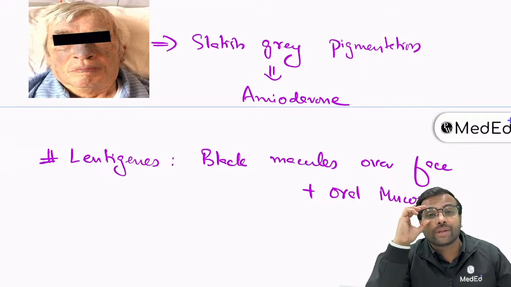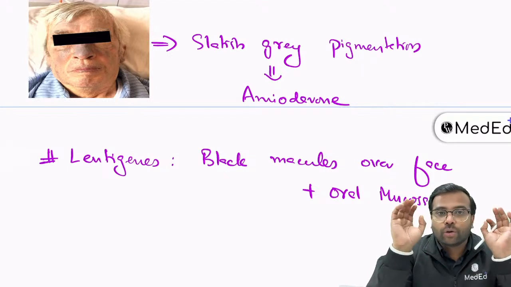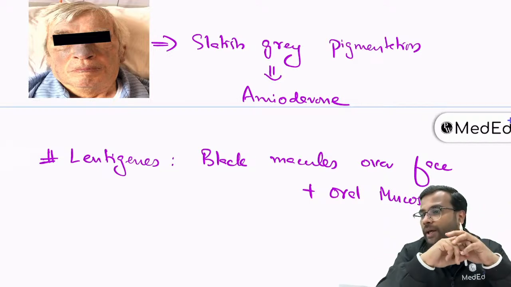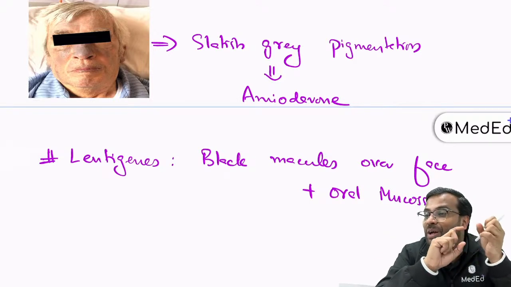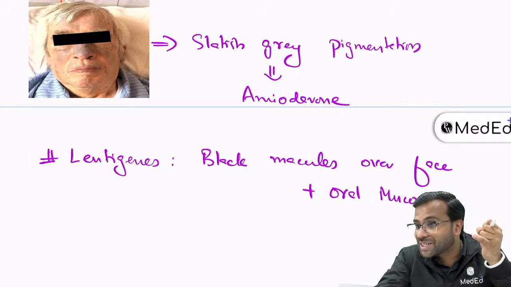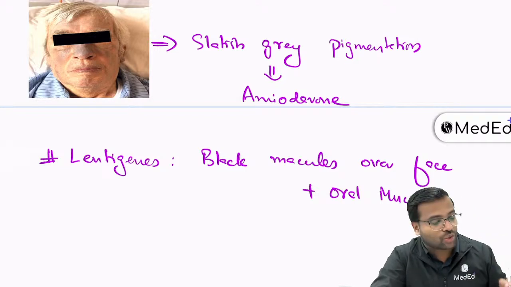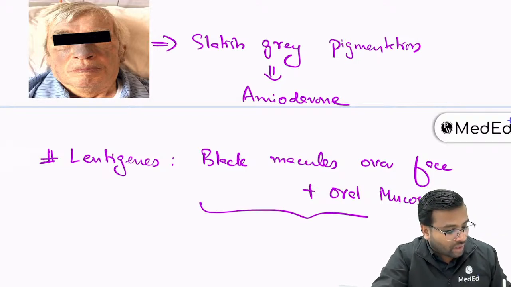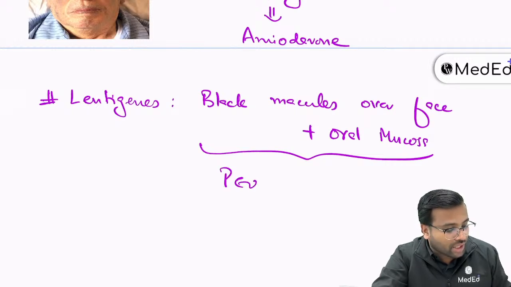Along with that there would be some involvement of the mucosa. When you examine the lips and all, you'll be able to see that the mucosa is involved. So what is it? Yeah, I got the answer here. Carney complex association, STK11 gene mutation. So this lentigines is associated with a syndrome, and this syndrome is called Peutz-Jeghers syndrome.